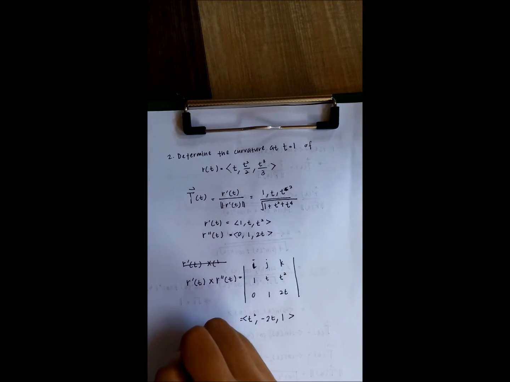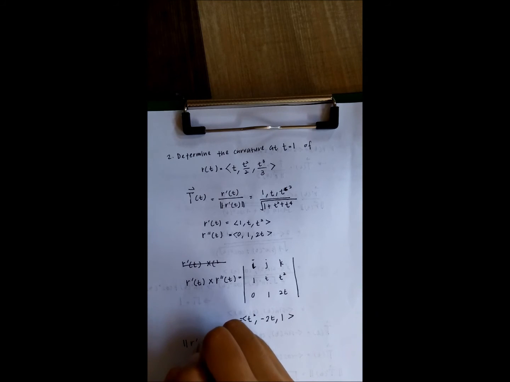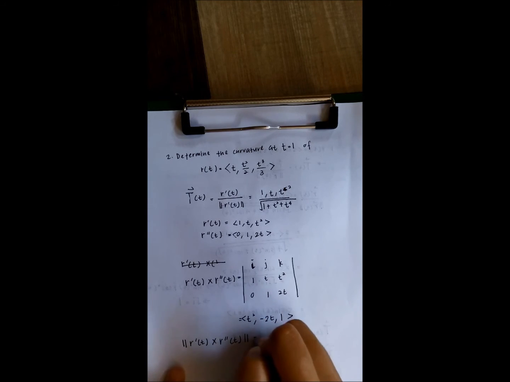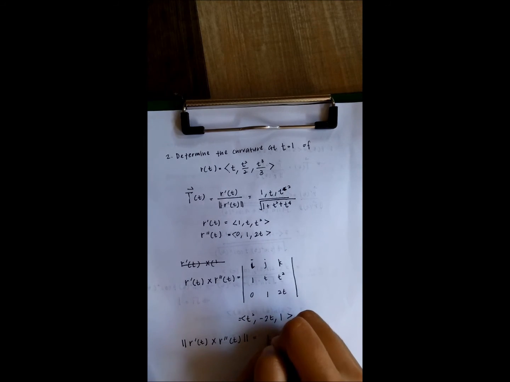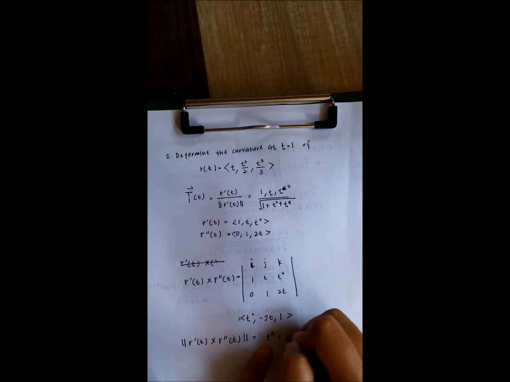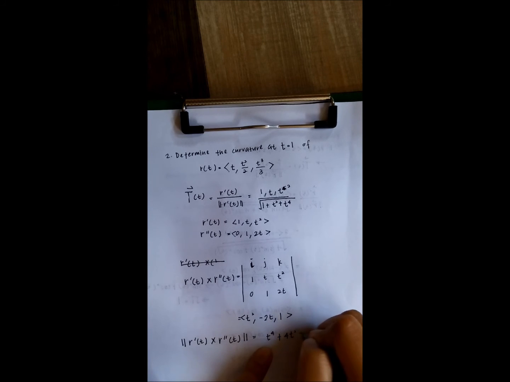Thus, the magnitude of this cross product needs to be identified, and we will get the square root of t to the power 4 plus 4t square plus 1.